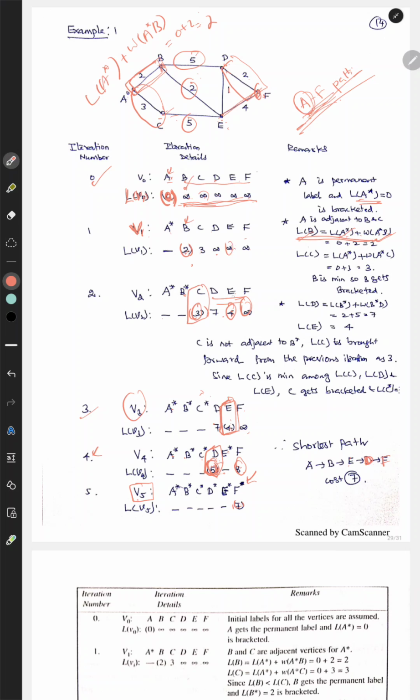In the first stage it was infinity, second and third stages it was 4, but in the fourth stage only it is permanent. So which vertex gave permanent label 4 to E? It is not from the second iteration, it is from the first iteration. Whichever permanent vertex you obtained in the first iteration, that only changed infinity to 4, right?